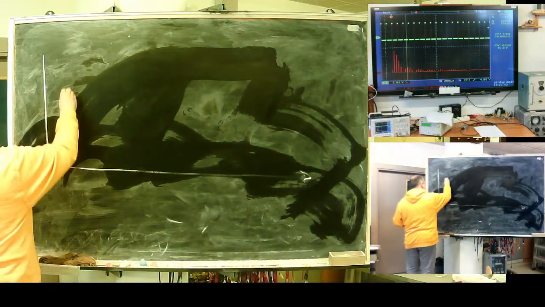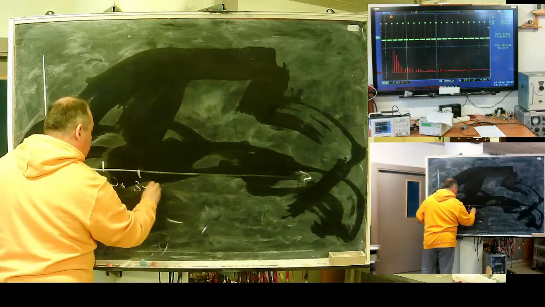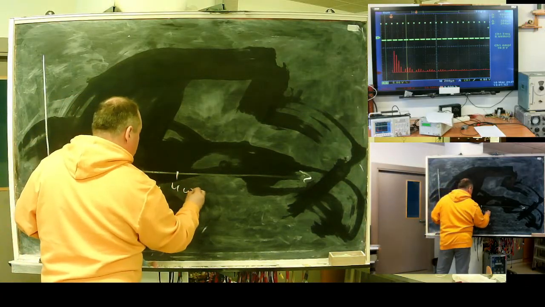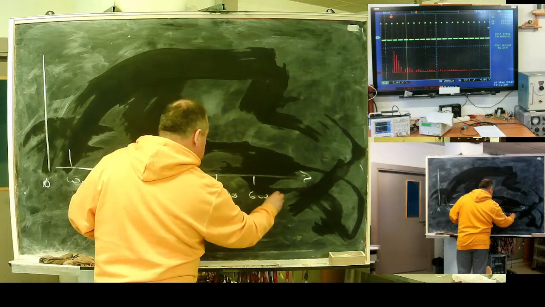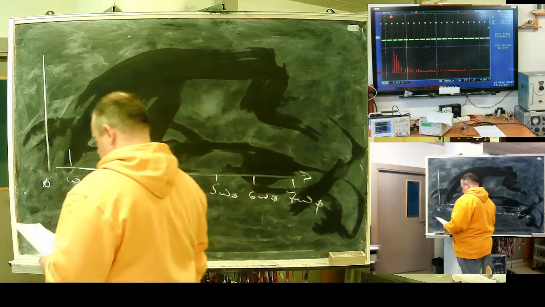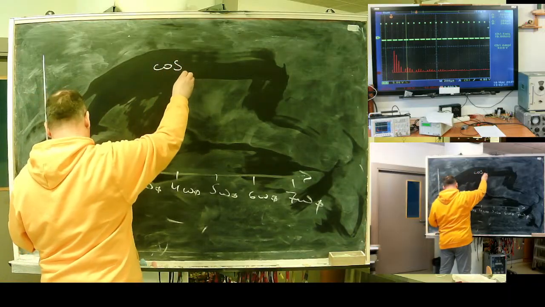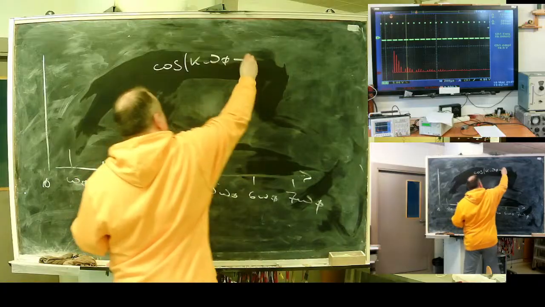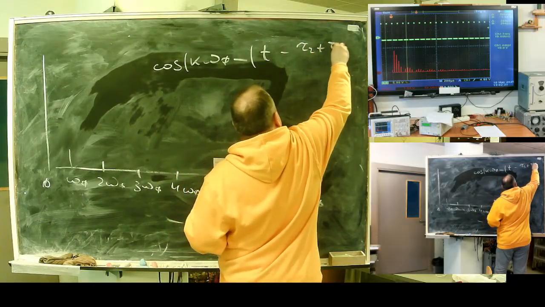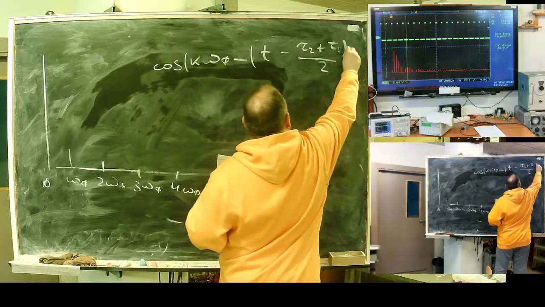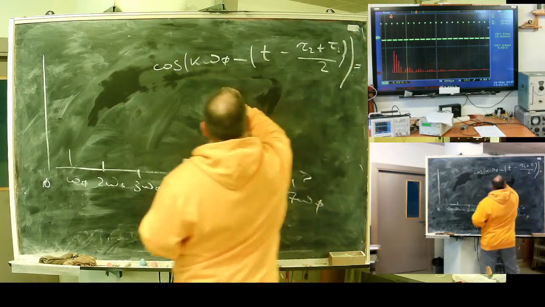Zero, ω0, 2ω0, 3ω0, 4ω0, 5ω0, 6ω0, 7ω0, and so on. At some point, cosine of kω0 (tau 2 plus tau 1) divided by half equals 0.